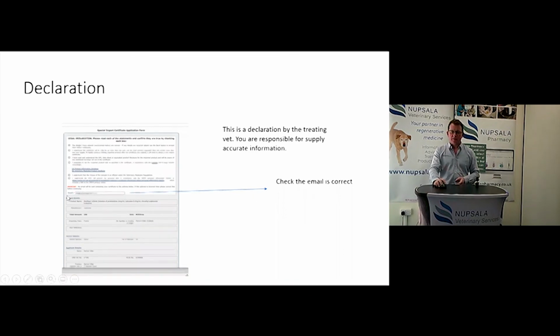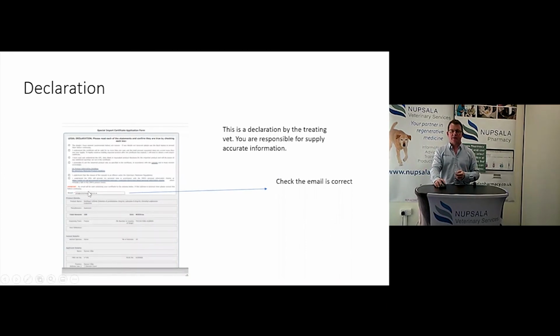Now, the important thing here is this email address. Why? Because the certificate is going to get emailed to you. And if that email address is wrong, you're going to lose that. So just make sure that the email address is one you have access to, or it could have been a practice email address from a previous registration that hasn't been updated.